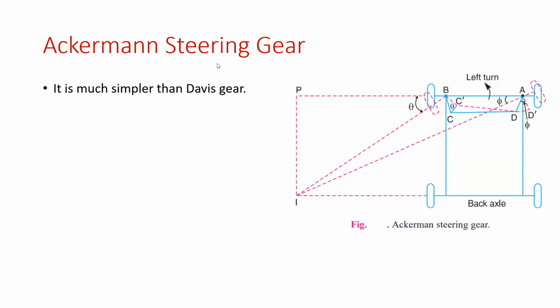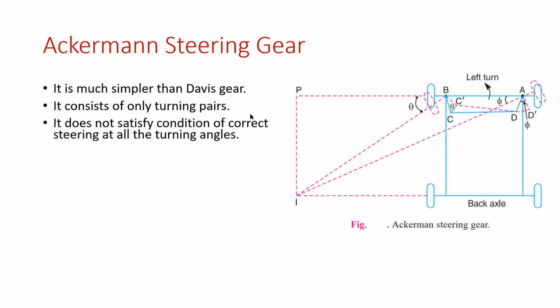So as we saw, it is much simpler than the Davis gear. It consists of only turning pairs. You can see that no pair is sliding, no pair is having any linear motion. As we have seen, it does not satisfy the condition of correct steering at all the turning angles.